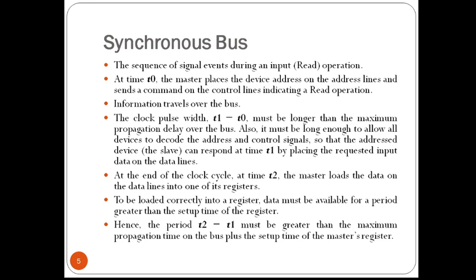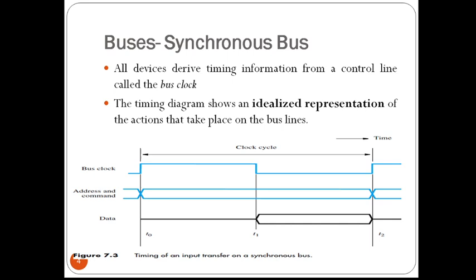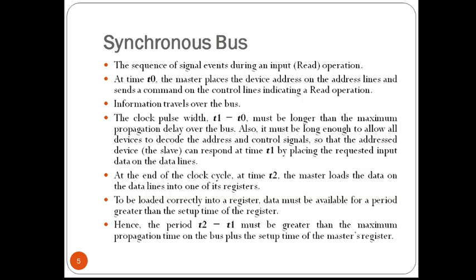It should be long enough to allow all the devices to decode the address and the control signals, so that the slave, or the addressed device, can understand what operation is going on and can respond at time t1. So t1 minus t0 should be long enough to allow all the devices to decode the address and then respond at t1.